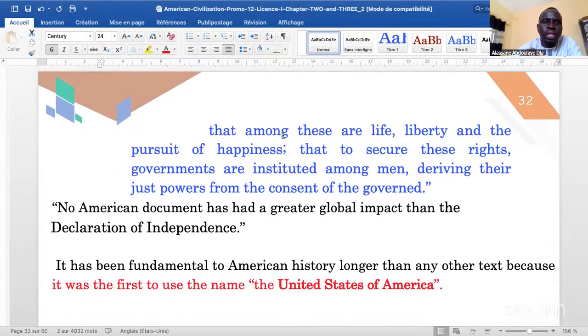That to secure these rights, governments are instituted among men, deriving their just powers from the consent of the governed." Unquote. What does this mean? It means that Americans are ready now to take by force their independence. And they have already written and signed their Declaration of Independence.